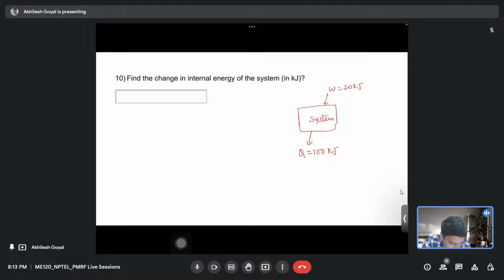Internal energy change del E is Q minus W. Here Q is 100 kilojoule that is being rejected from the system, so Q is minus 100 kilojoule, and W is the work done on the system, so W is also minus 20 kilojoule.